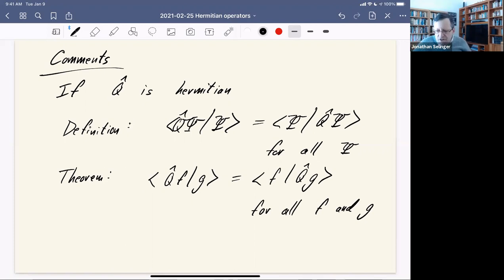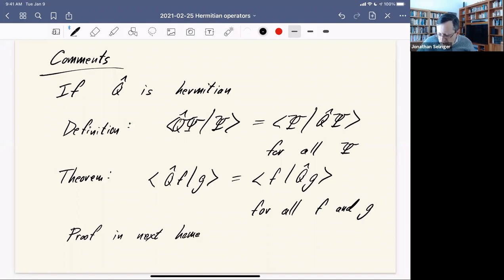The original definition works if there's the same function in both places, but this theorem works even if you have different functions in those two places, f and g. And the proof is going to be a job for you in the next homework.